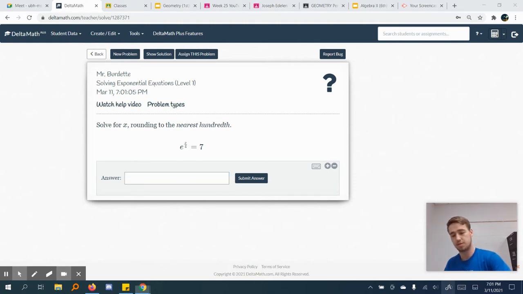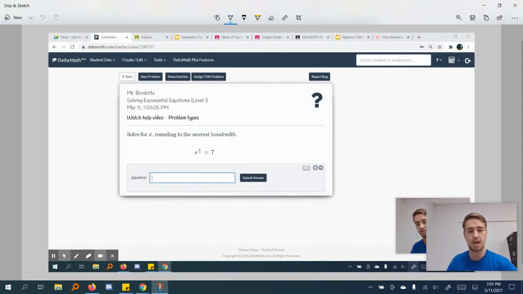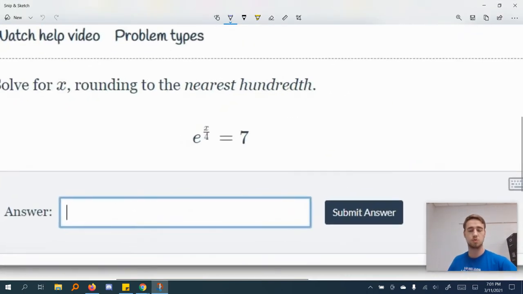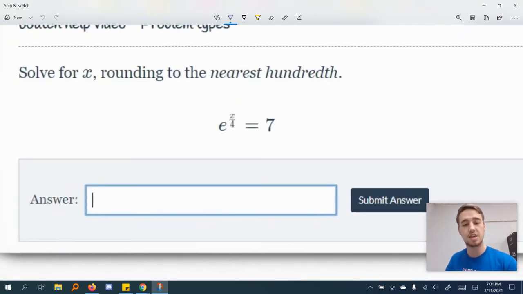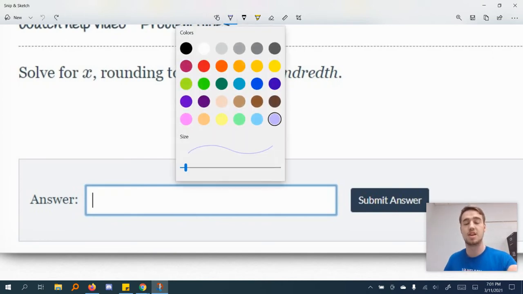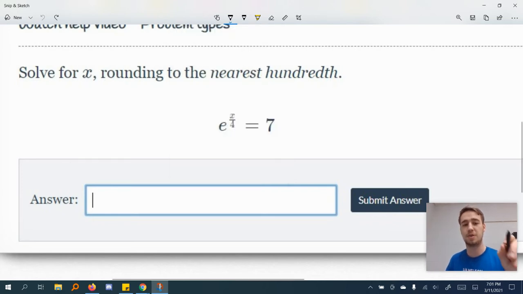So what we're going to do, now we're going to see that e raised to the value x over 4 equals 7. Now we know that we can get rid of something from an exponent into normal land by taking a log with base equal to the thing being raised to that power.